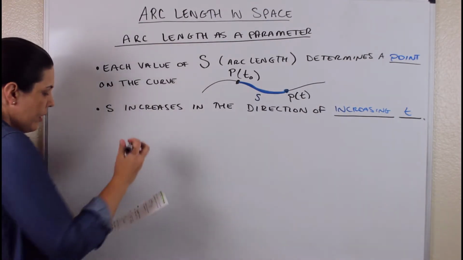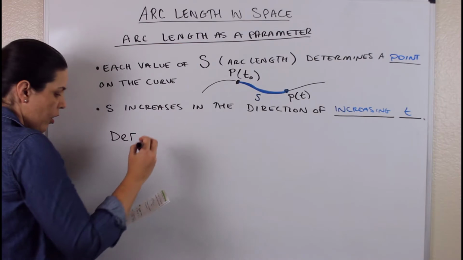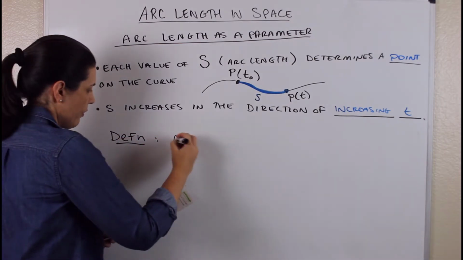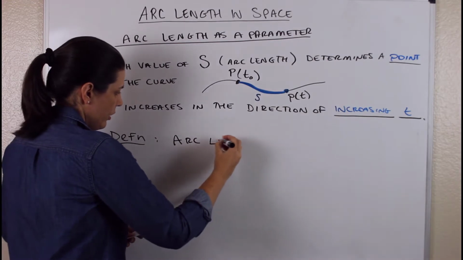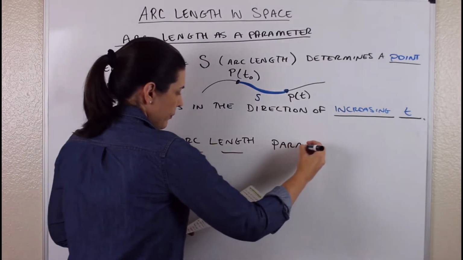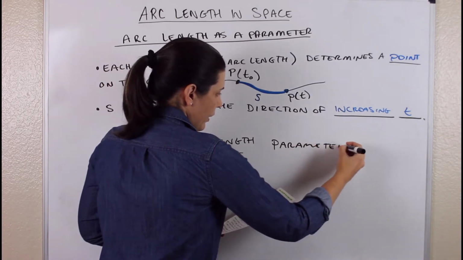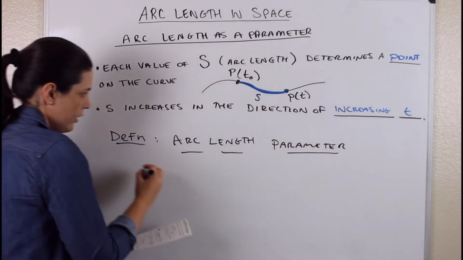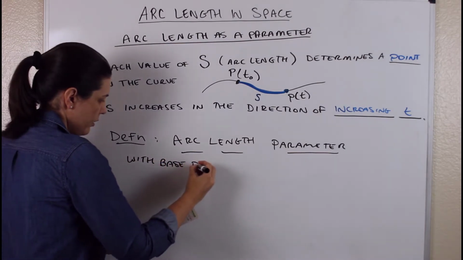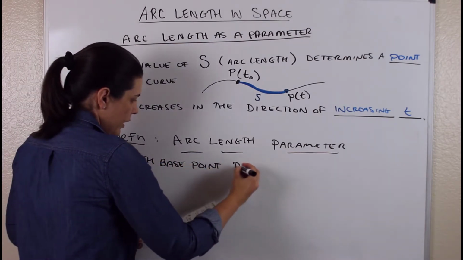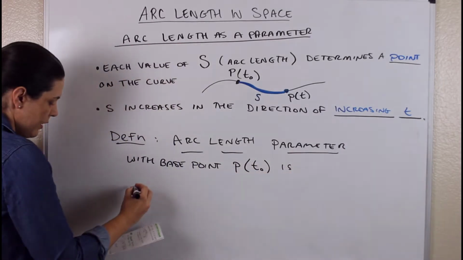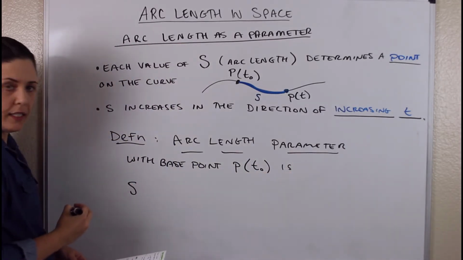So let's define this arc length parameter with a base point. We're using the letter s for that, and this is with base point P of t naught.